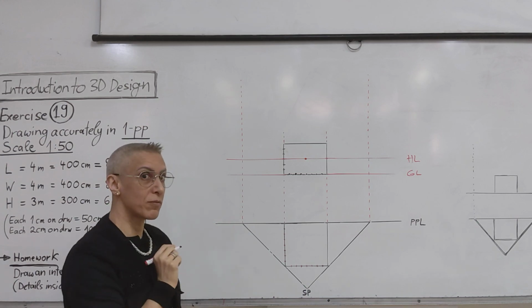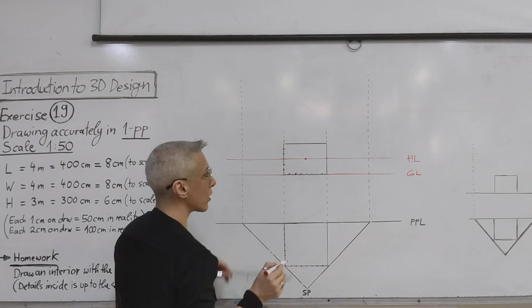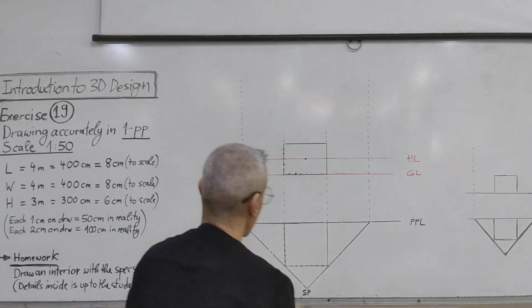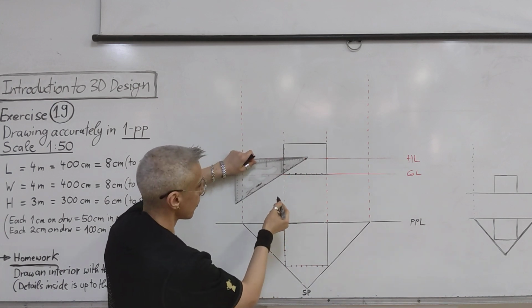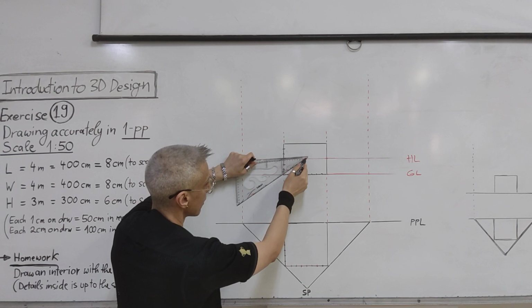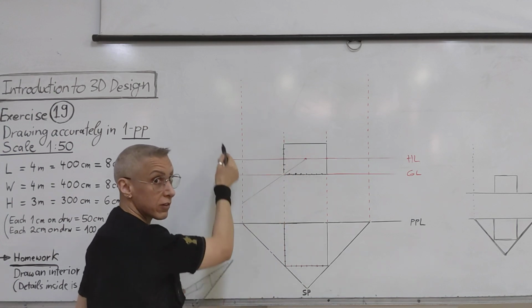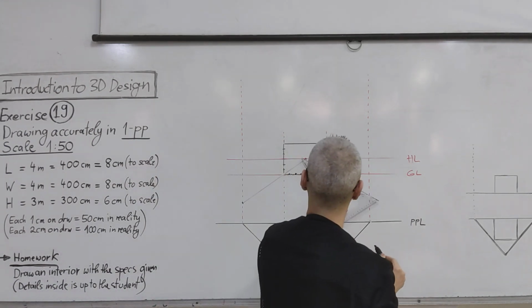Now, the next step to do is, from the vanishing point through these 2 corners, to take out lines. So from this point through this point, we take out a line. And it should touch this line in some place, okay? The same thing we will do here.